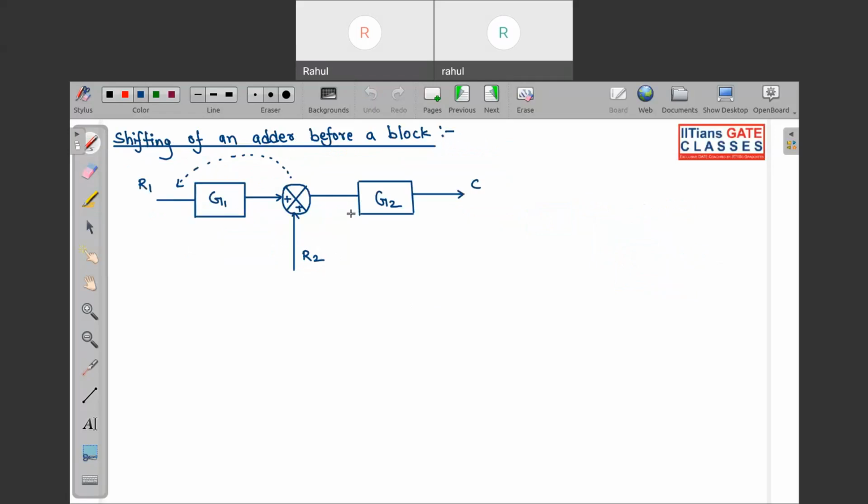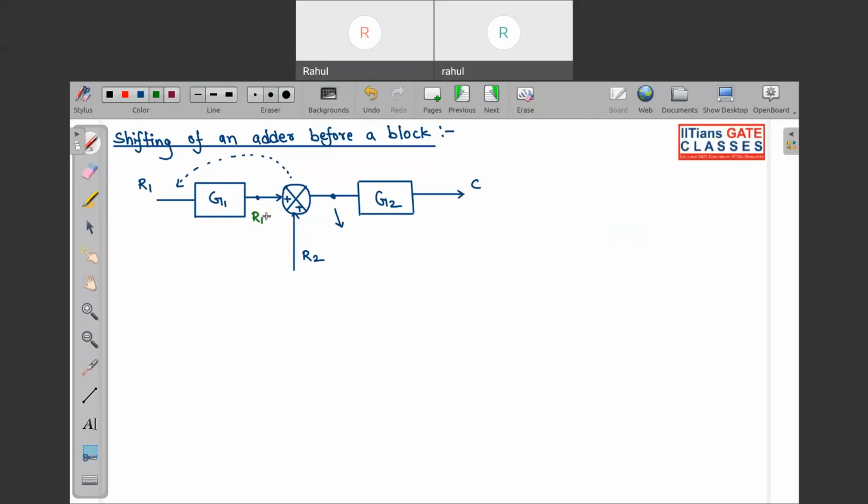Now next is what? Shifting of an adder before a block. So this is very important. You can see over here that this is the initial case. So over here your output is what? First let me calculate over here. So that will be R1G1, so let us use some different color.